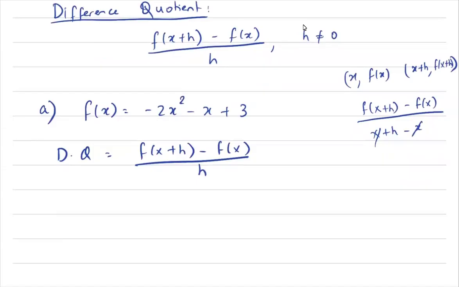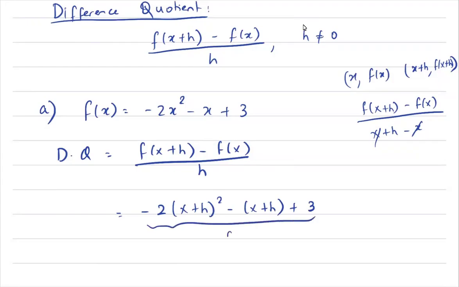Now you know how to evaluate f of x plus h. In order to evaluate f of x plus h, what do I have to do? I will have to replace every x in my original function with x plus h. So this whole thing here is f of x plus h, right?